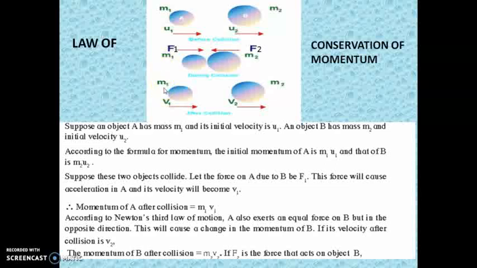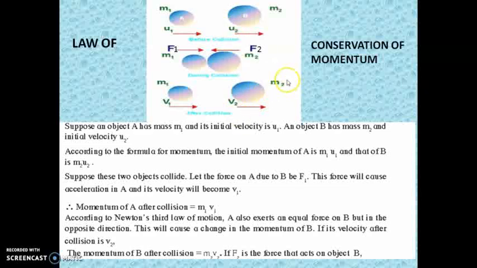Now according to Newton's third law of motion, A also exerts an equal force on B but in the opposite direction. This will cause a change in the momentum of B, and its velocity after collision is v2. So now let's consider B. Its velocity has changed from u2 to v2.